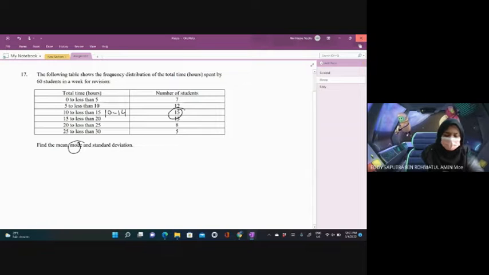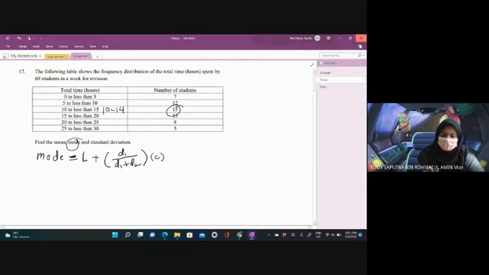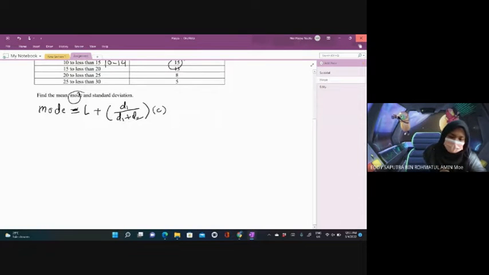First we need to know the equation. The equation for the mode is mode equals L plus D1 over D1 plus D2, times C. The modal class is 10 to 14.